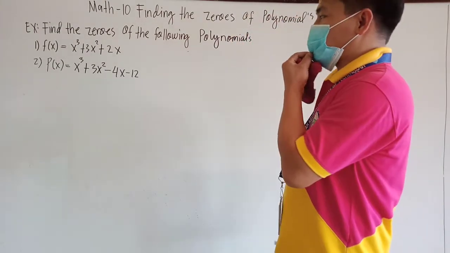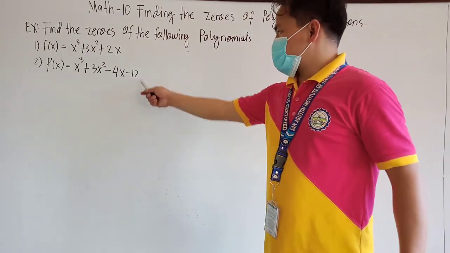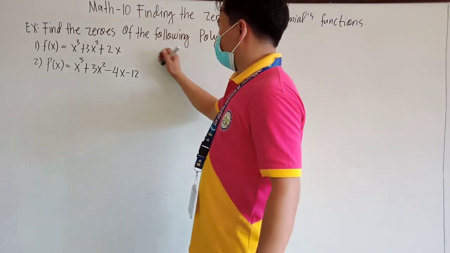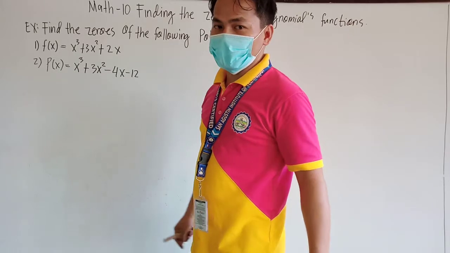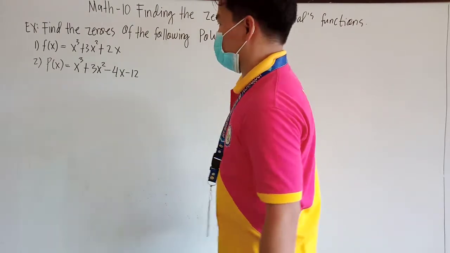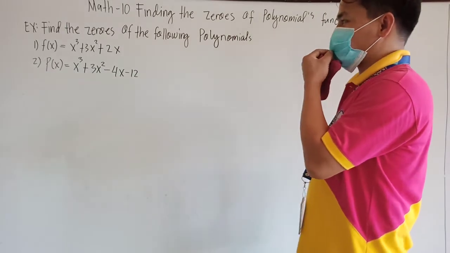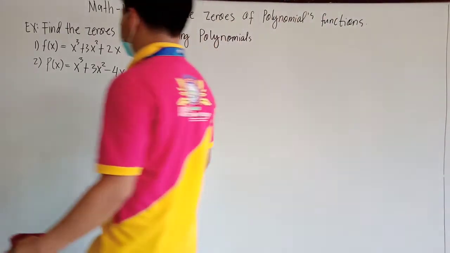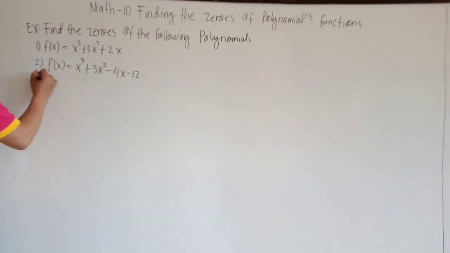So for this polynomial, we will have to factor the last term, which is negative 12. We will have the first example, f of x is equal to, for number 1.